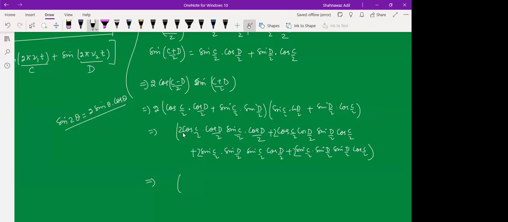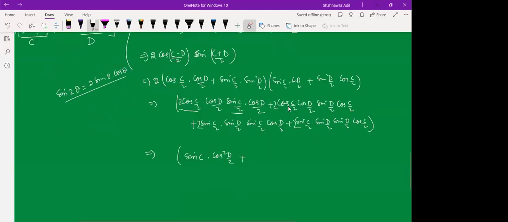So 2 cos(C/2) sin(C/2) would be sin C, and then we have cos²(D/2). Plus 2 cos(D/2) sin(D/2), that is sin D, and then we have cos²(C/2).